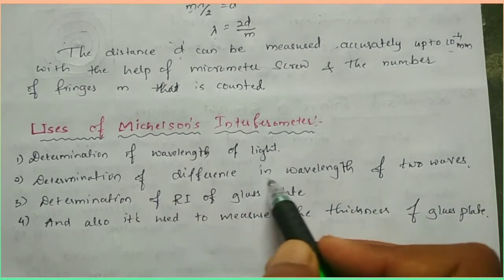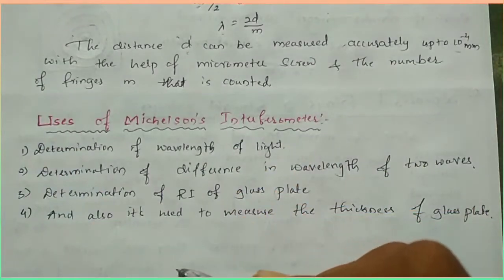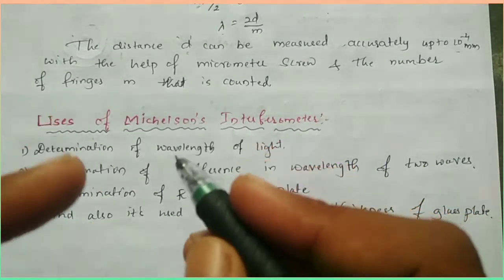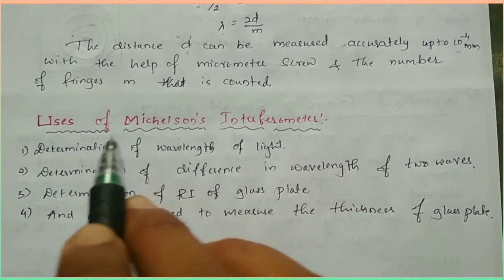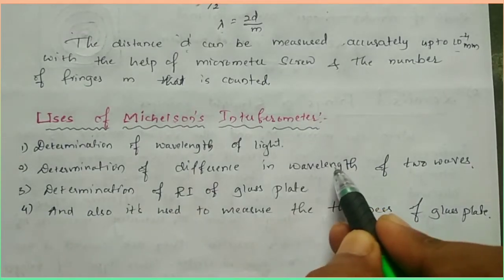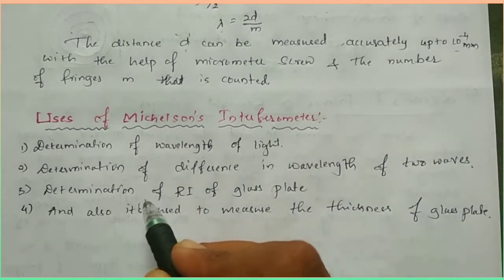When the interference pattern is formed, two rays, reflected and refracted, are combined to form the interference pattern, so we can find out the wavelength difference between those two waves.